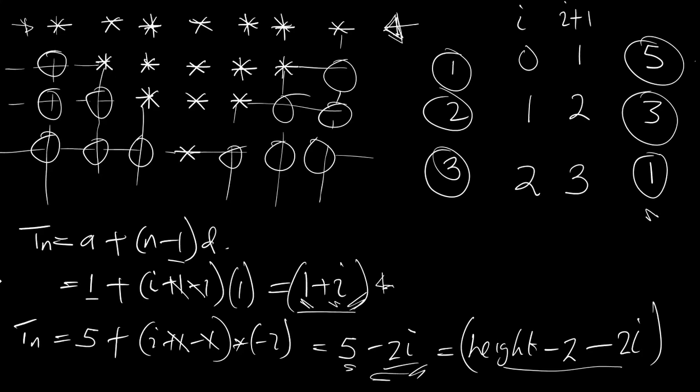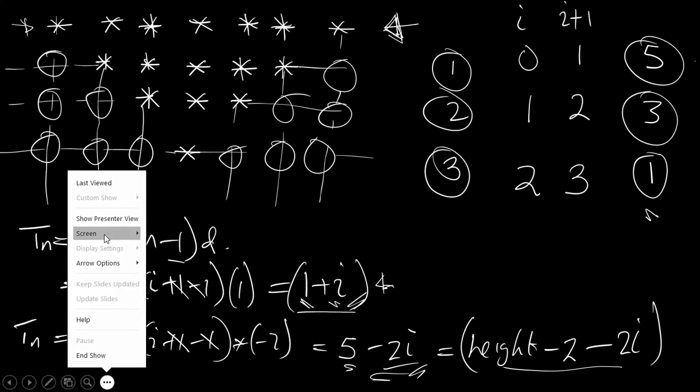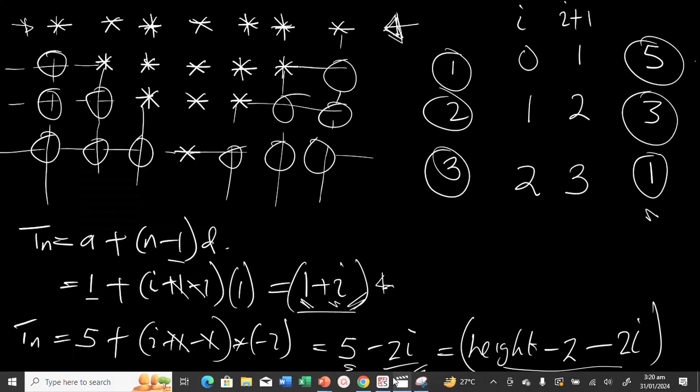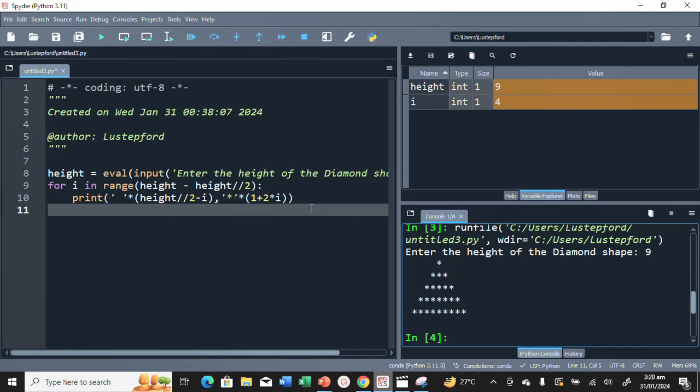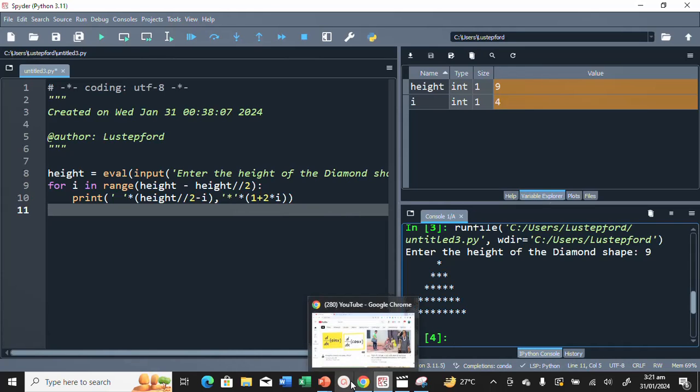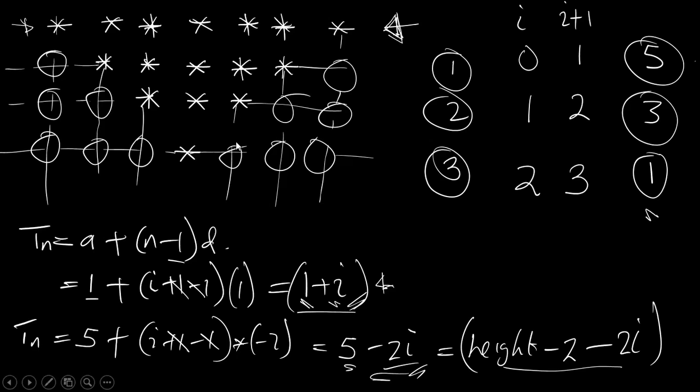So now we have gotten the formulas we are going to apply for the lower triangle. Now let's go back to the program. Again, there's an issue we didn't sort out. For the lower one, we have just 3 rows.